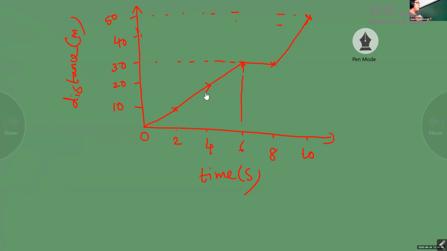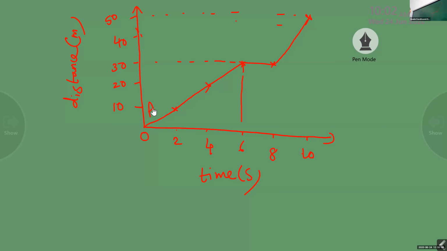Now, we have learned 3 different graphs of distance-time speed. So this is a graph which is combining all the 3 points here: uniform motion, non-uniform motion, body is stationary. Now you have to name from 0.